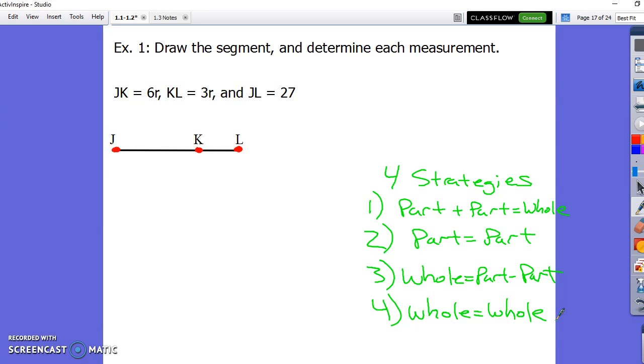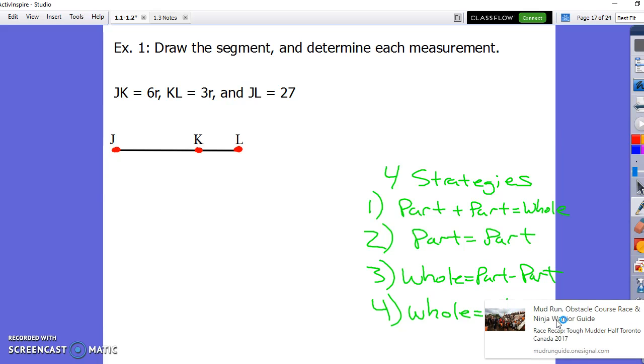Later on, we will get more complicated where we have to use multiple. We're going to start off with one strategy, figure out something, and then we're going to stick it into another strategy. And maybe use the third or the fourth strategy. All right. But the point of it is the strategies themselves are relatively simple.